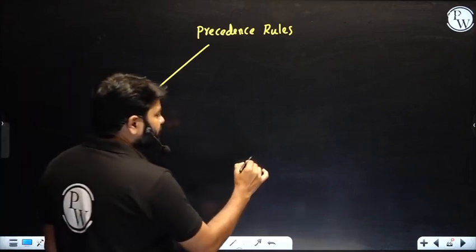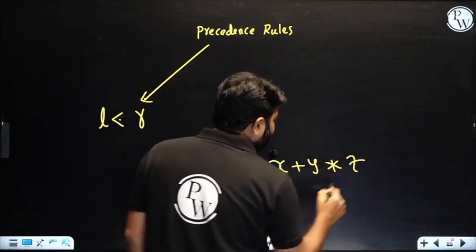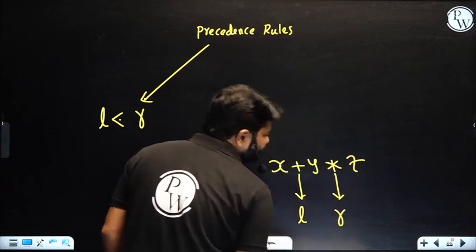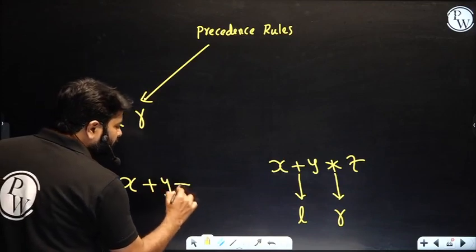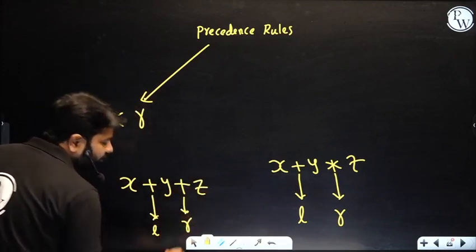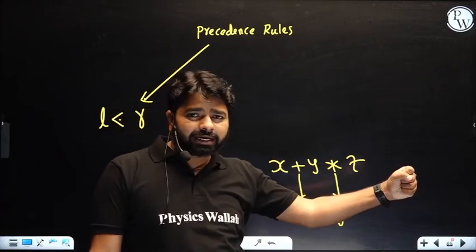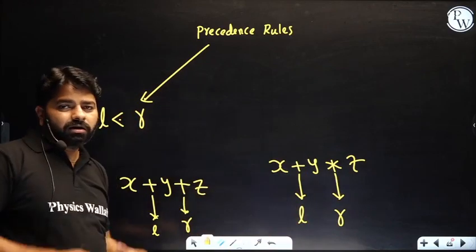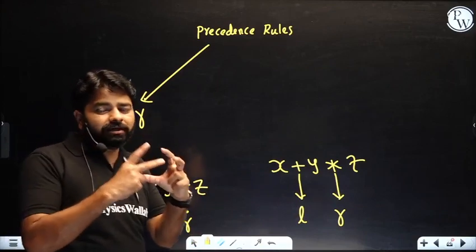Assume that you are writing the expression x plus y star z. Here this plus I am assuming left, this star I am assuming right. Sometimes x plus y plus z, very important: this plus is left, this plus is right. Always we follow left to right scanning.